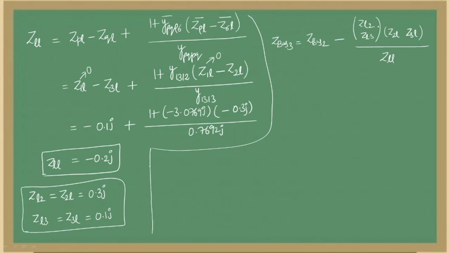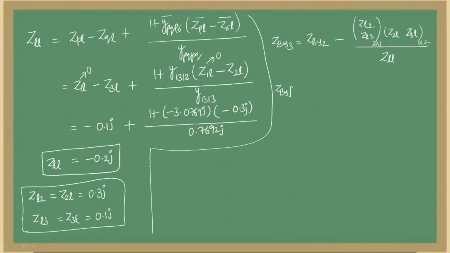Okay, so this is a 2 by 1 matrix and it is a 1 by 2 matrix. If you multiply these two, you will get a 2 by 2 matrix, and this is another 2 by 2 matrix. So you will get a correct result. Now, what is Z bus 2?